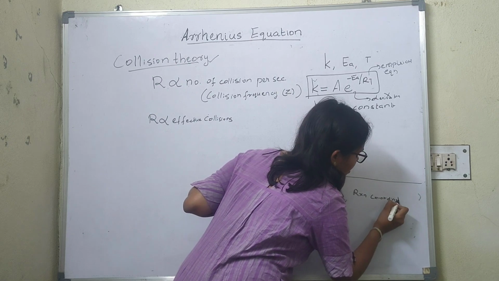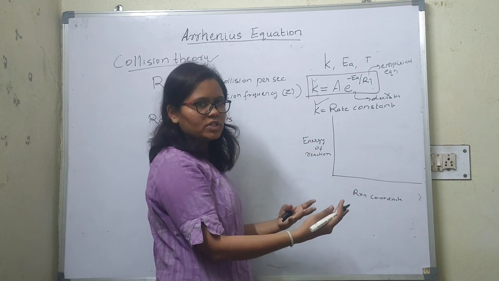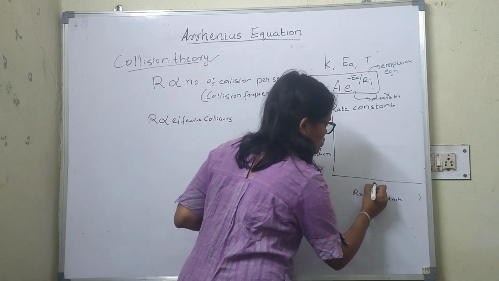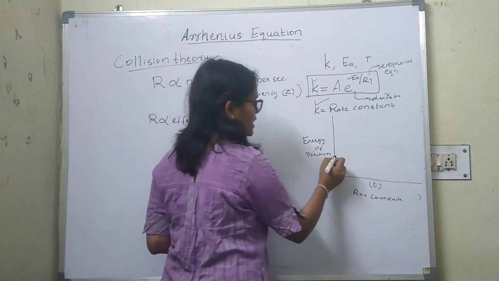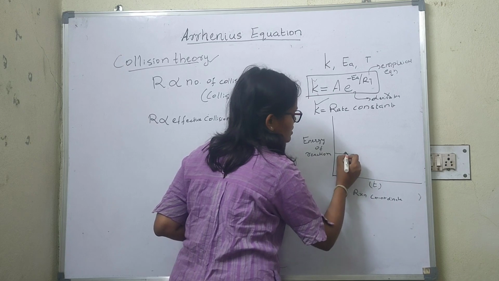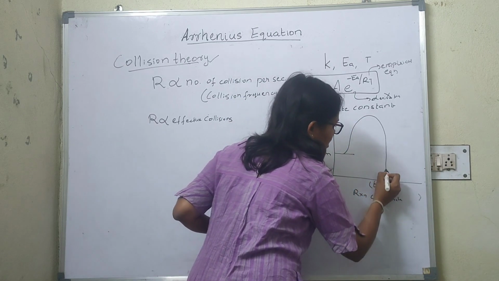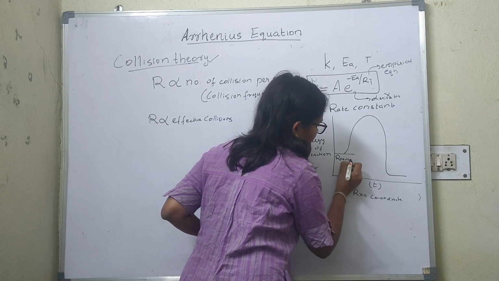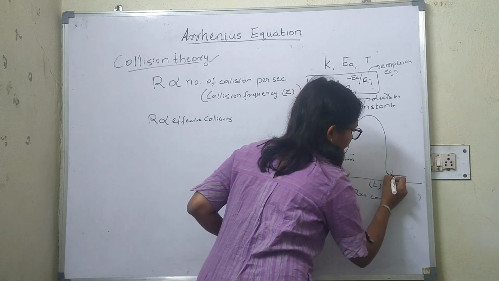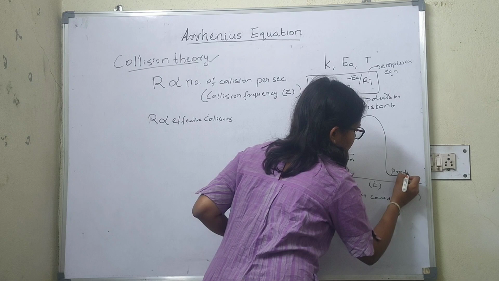So this reaction coordinate can be time, concentration of products or concentration of reactants. So for now I will take reaction coordinate as time. So this diagram looks something like this. Okay, this graph looks something like this. So here you have reactants and on this side you have products.